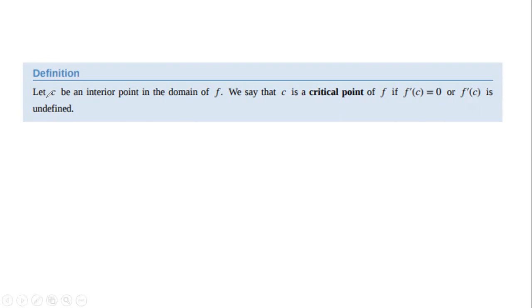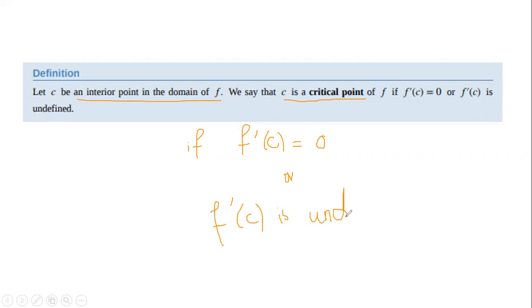Let us say that c is an interior point in the domain of f. We say that c is a critical point if f derivative of c equals 0, that is, the derivative of my function equals 0, or f derivative of c is undefined.